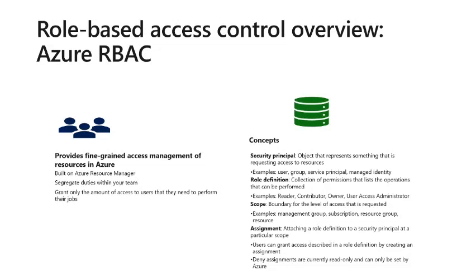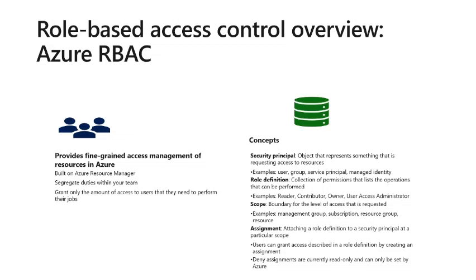Scope, the boundary for the level of access that is requested. So let's say scope is resource specific, or management group specific, subscription or resource group specific. So scope can be that you have admin role on a specific resource, or you have admin role on a specific resource group, or on the subscription level.